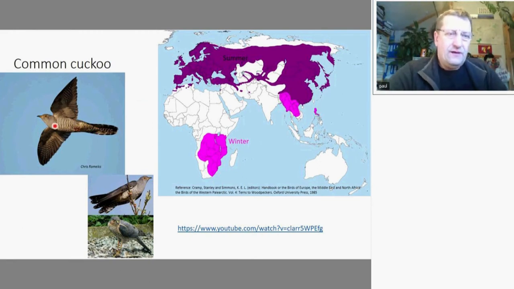The female and the male cuckoos are a little bit similar, but the female is normally bigger and has more stripes compared to the male.